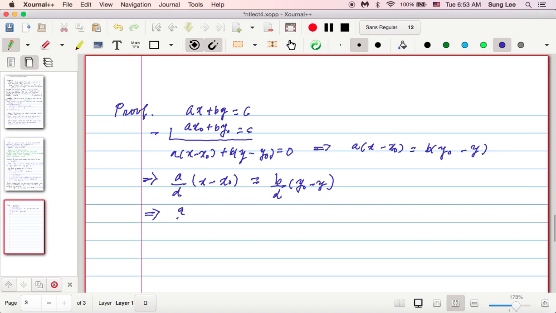So a over d divides b over d times y naught minus y, and we also know, we proved this, that a over d and b over d are relatively prime.